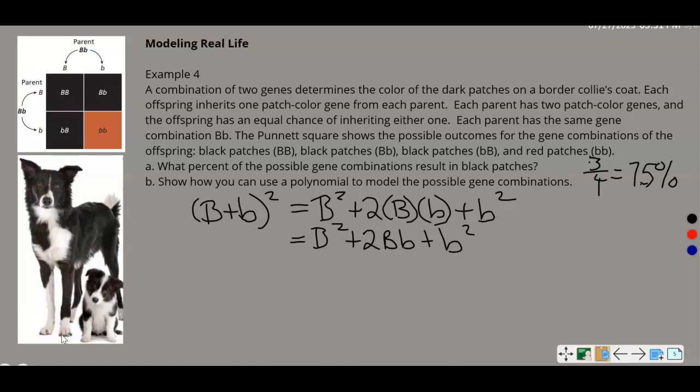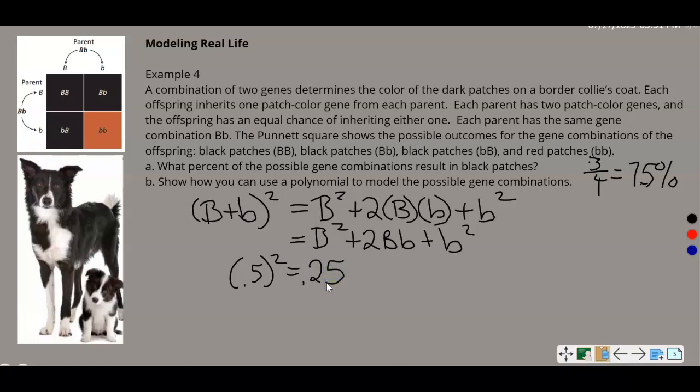All right, since they told us that the offspring has an equal chance of inheriting either gene, that means capital B is 0.5 or a 50% chance, and lowercase b is 0.5 or a 50% chance. So if you want to evaluate each term of the polynomial, you can do that. Capital B would be 0.5, so we could do 0.5 squared, and that equals 0.25.